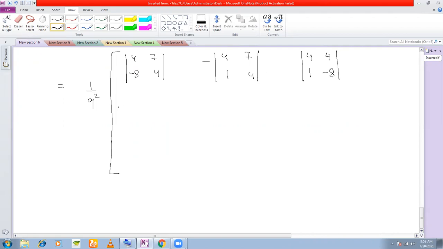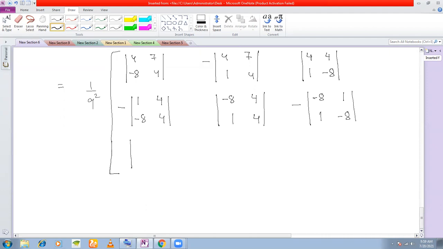Next, with a minus sign, 1, 4, minus 8, 4. Again with a plus sign, I have minus 8, 4, 1, 4. With a minus sign, minus 8, 1, 1, minus 8.